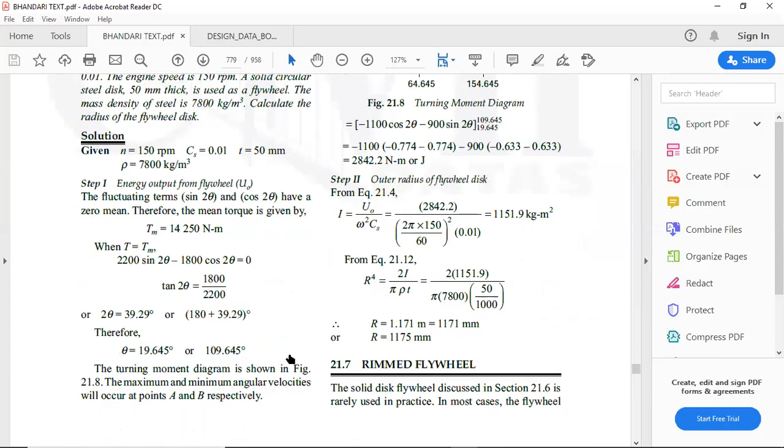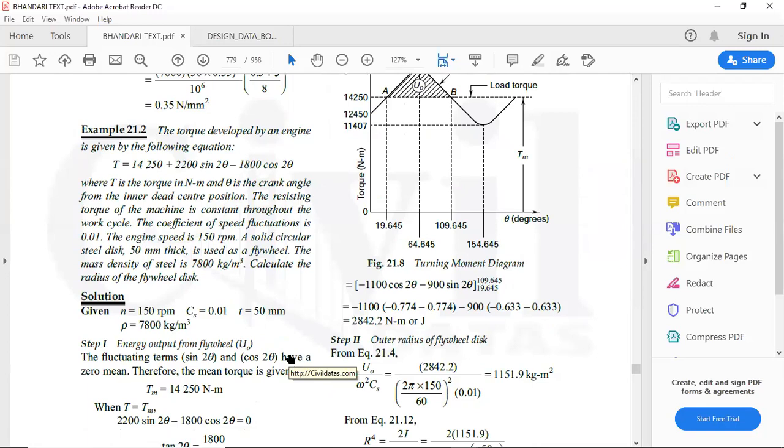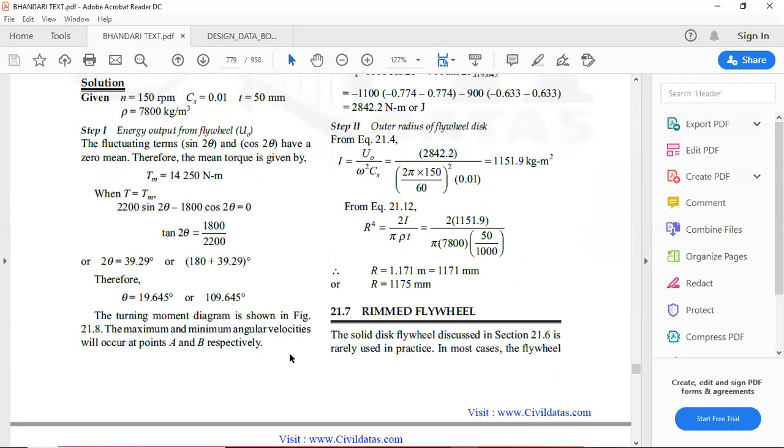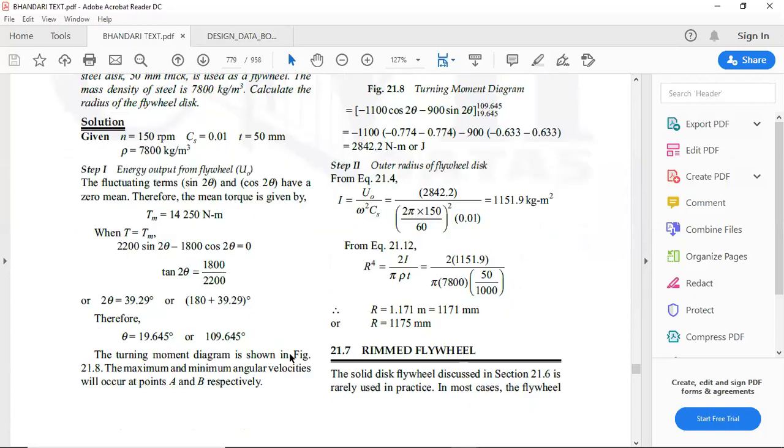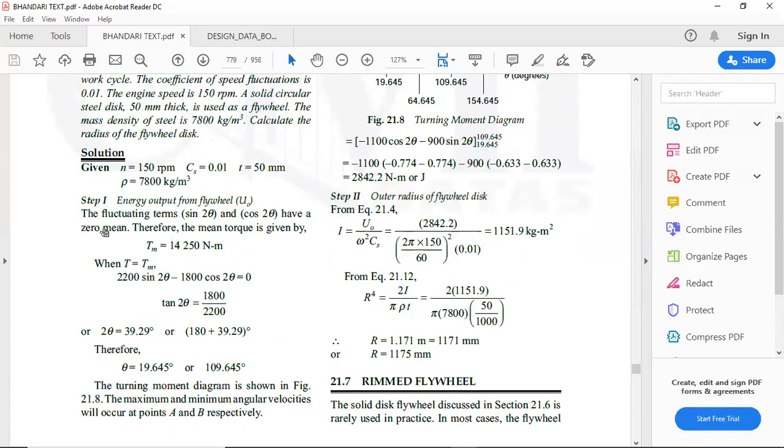And actually you can take only the constant part of it as a T mean. And this theta, you have seen the calculation of this theta. This is the maximum torque point. When we are designing the crankshaft, this is the maximum torque point. That is the second point.